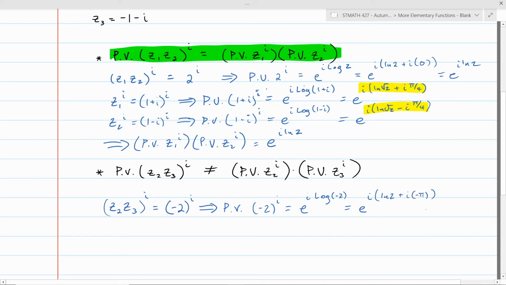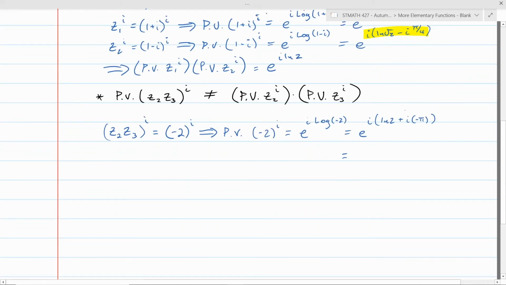So let's see, what do you end up with if you simplify this down a bit? Well, the angle on the logarithm there is not negative pi, it's positive pi. So when you distribute the i around, you get e to the negative pi times e to the i natural log of 2.